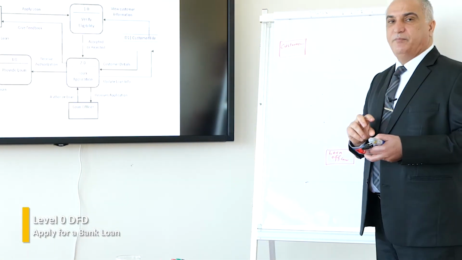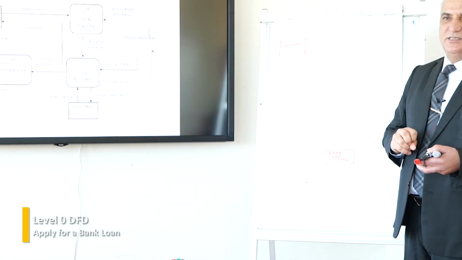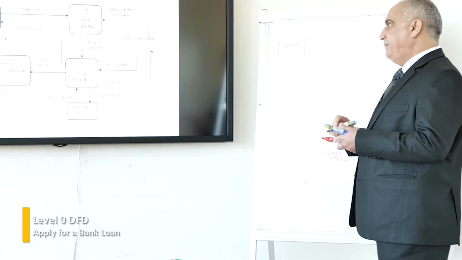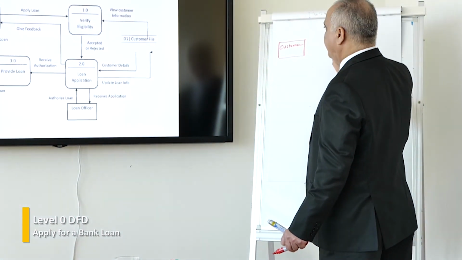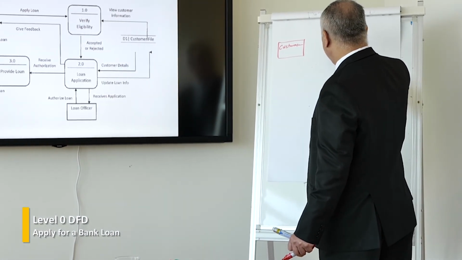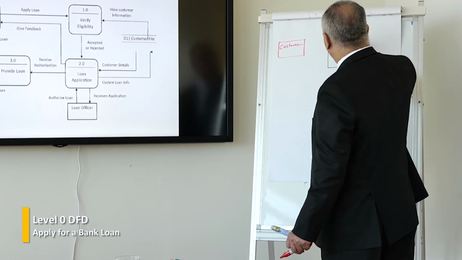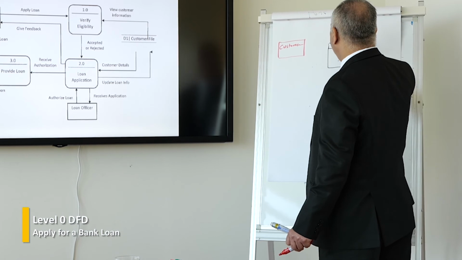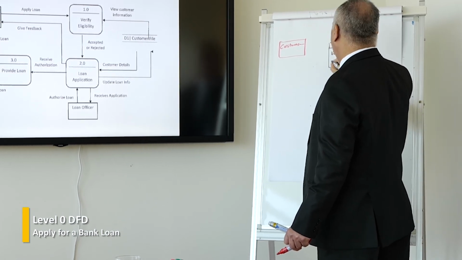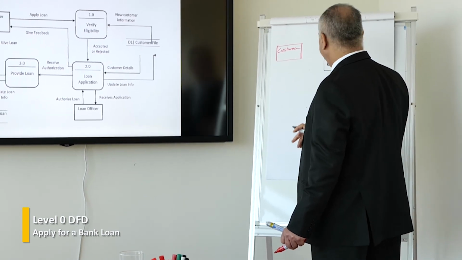The second step, I need to identify the processes involved in level 1. The first process, process number 1, is verify eligibility.